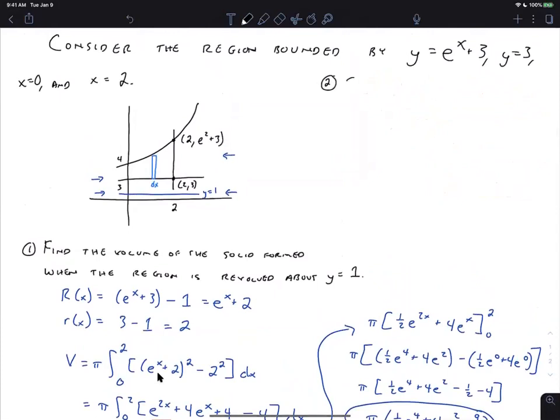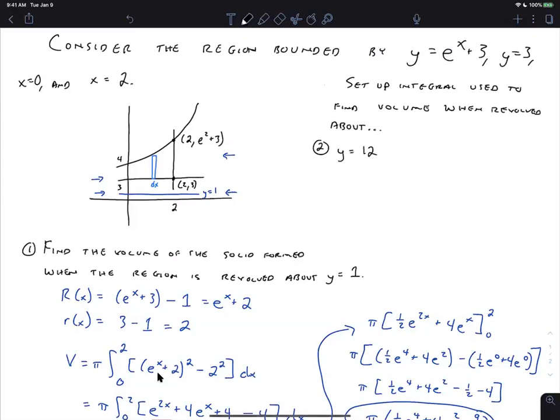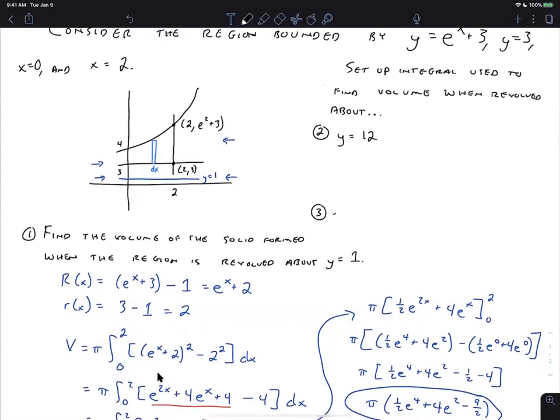Set up an integral about y equals 12 and then x equals -2.